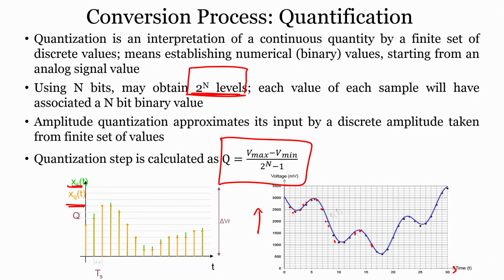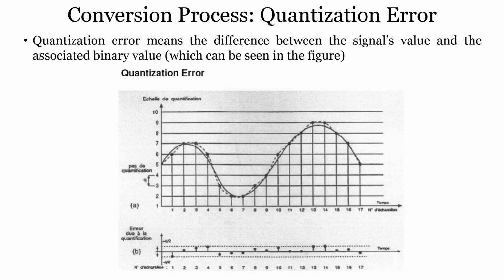The point is that for n bits we will have 2 raised to n levels, and each sample will have an associated n-bit binary value. That is very important to remember. Now, quantization error, what does it mean? It means the difference between the signal value and the associated binary value. So, you can very easily see here what the errors in this particular block are.